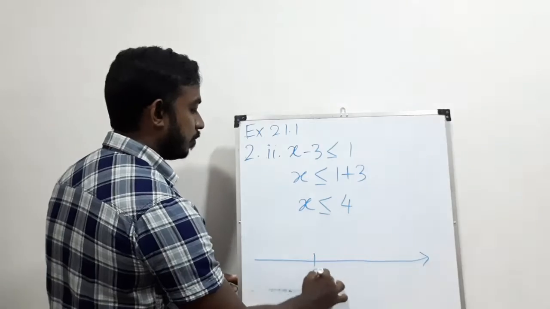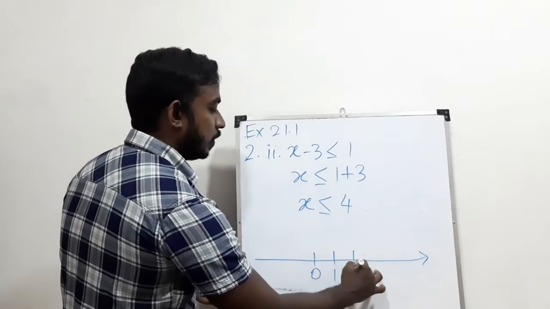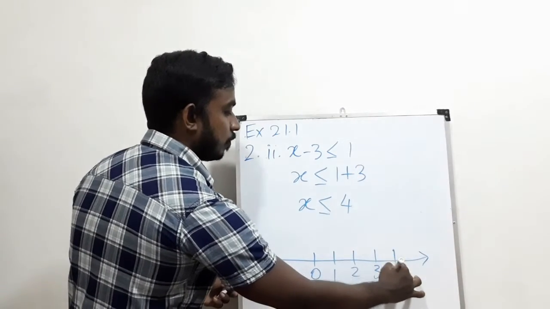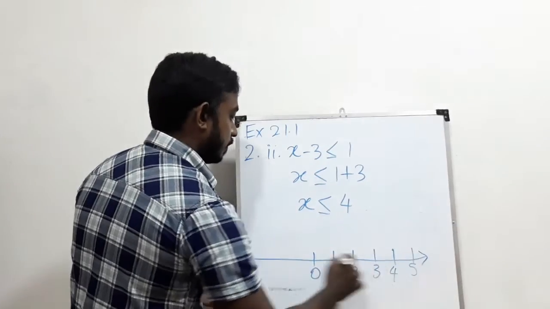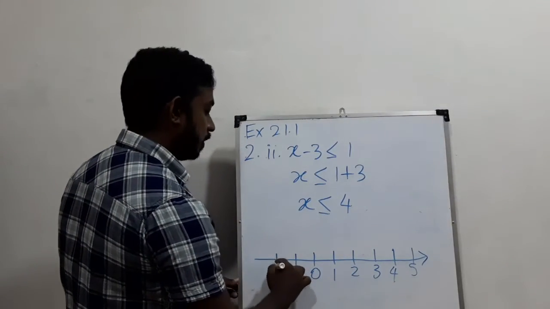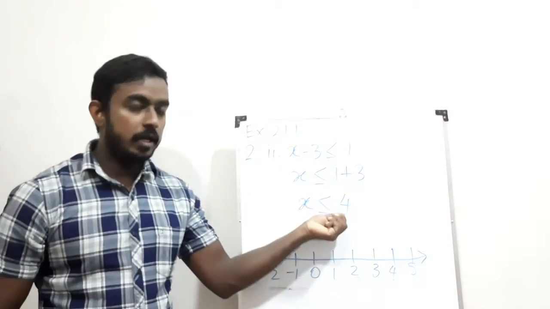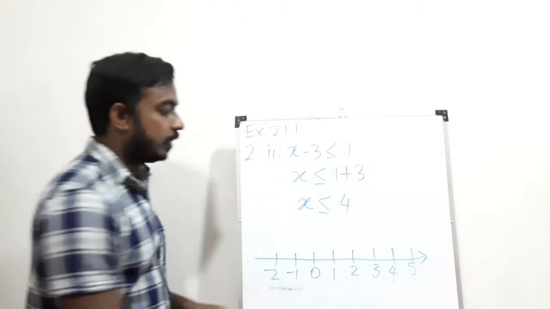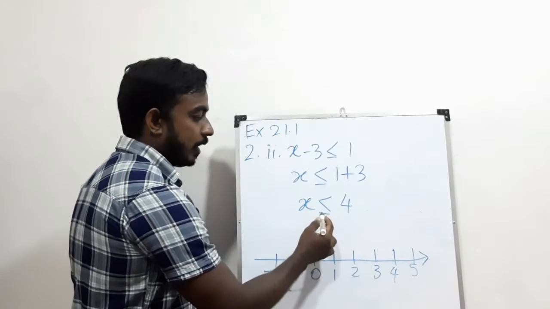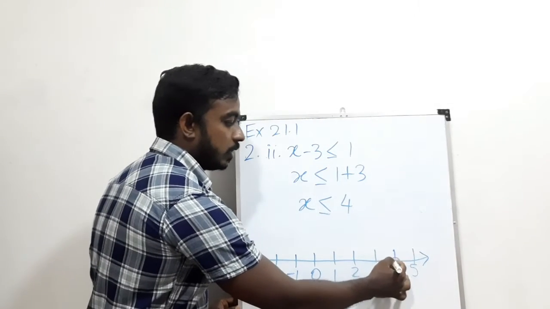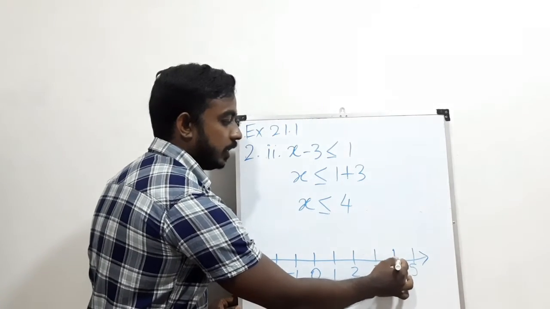So, I can start by 0, 1, 2, 3, 4 and 5, and negative values in here minus 1, minus 2. Now, first of all, we have to find 4 on the number line. This is 4. So, as there is an equation, we can draw a circle and shade it.